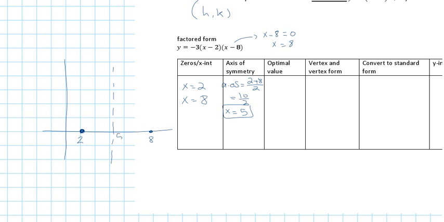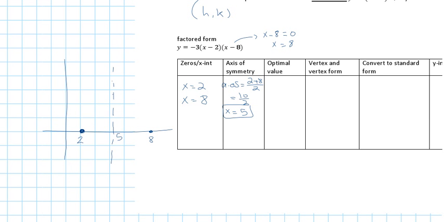Now I need to know, where is my vertex located? Where's my optimal value? Is it here? Is it here? Is it down there? Where is it located? Okay? So I can take my axis of symmetry and plug it into the equation to solve for my optimal value.